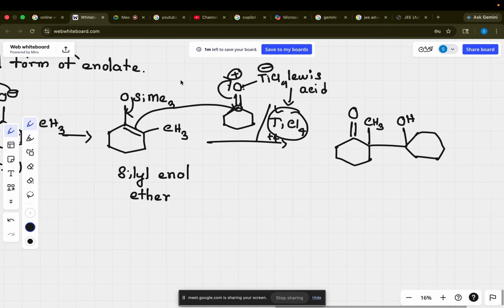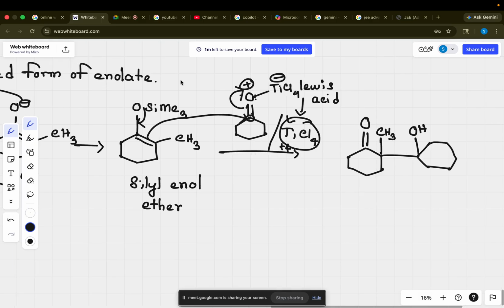Yes, sir. Sir, is there a possibility of McMurry coupling here? Possibility of McMurry coupling, okay, here you are asking about TiCl3. McMurry coupling is also possible, but I think there will be a specific temperature, and they have not mentioned anything about the other conditions.